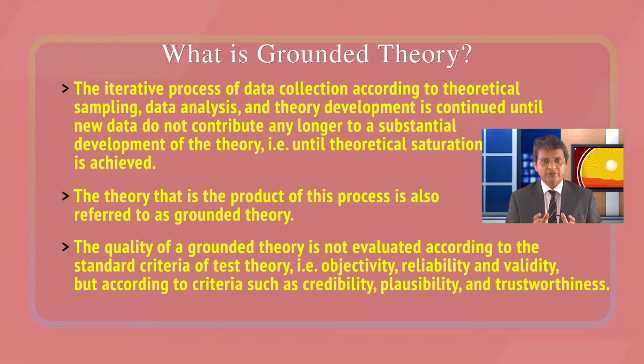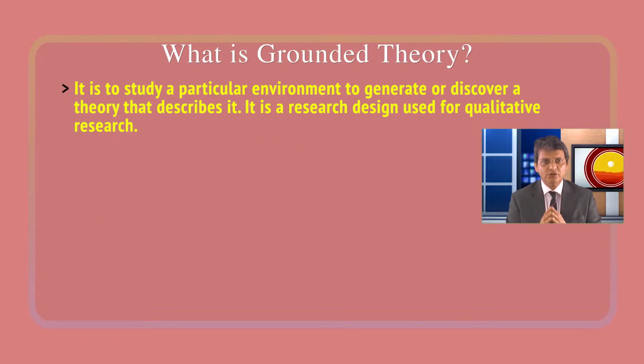The quality of a grounded theory is not evaluated according to the standard criteria of test theory, that is objectivity, reliability, and validity, but according to criteria such as credibility, plausibility, and trustworthiness. Therefore, it is used to study a particular environment to generate or discover a theory that describes it.